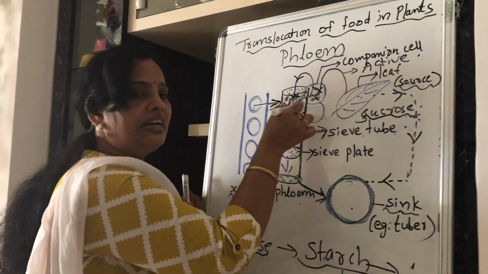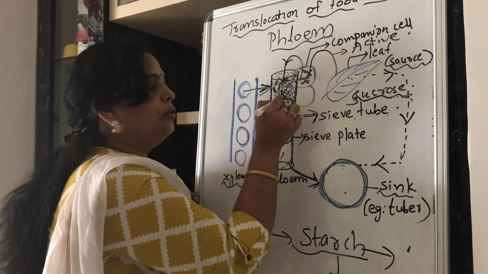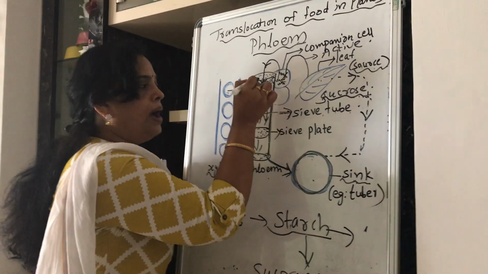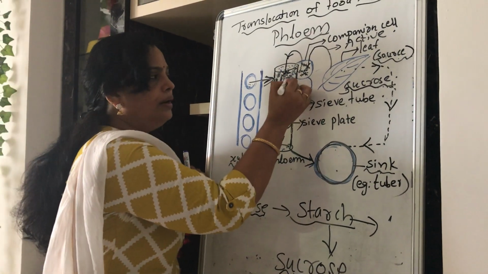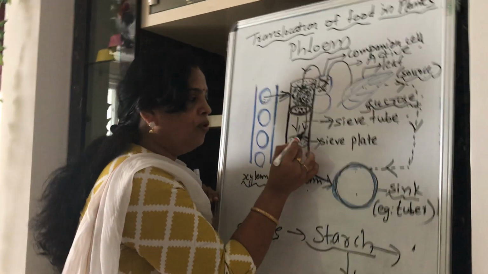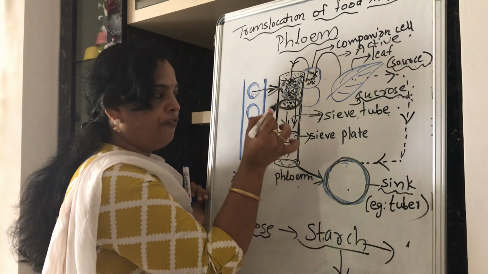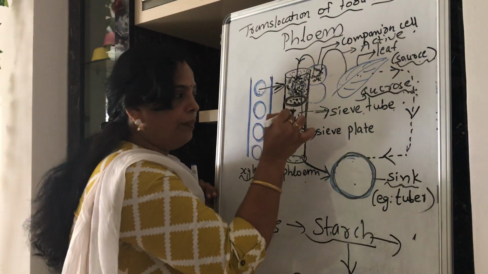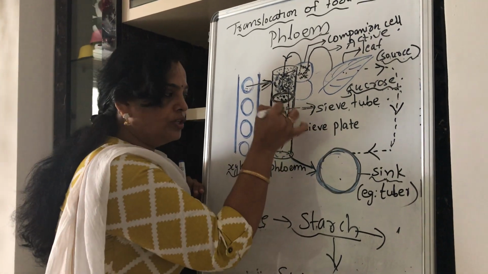Because of the water entry, pressure increases. Once the pressure increases, you know that the material moves from high pressure to low pressure. So from here, the sucrose along with water moves from high pressure to low pressure to the next cell. From here again, there will be more pressure, then it will move from this to this.